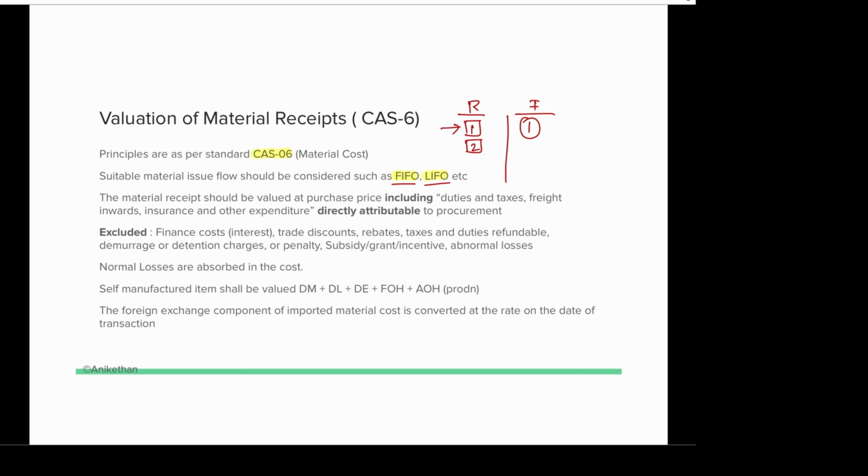Let's take an example. Let's say you got material input in two lots. Under FIFO, the first lot will be issued first. However, in case of LIFO, it will be lot number 2 that will be issued first.